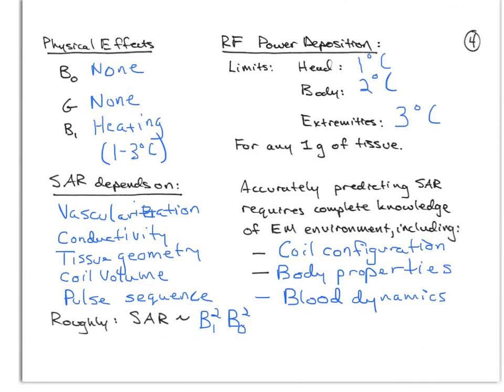And the magnetic field is increasing in frequency as omega. And so then we also get an increase in SAR with delta F being the bandwidth of the pulse. It turns out, as we'll see later, that if you hold the flip angle and the pulse duration fixed and increase the bandwidth, then that requires an increase in the magnitude of the RF. Okay?